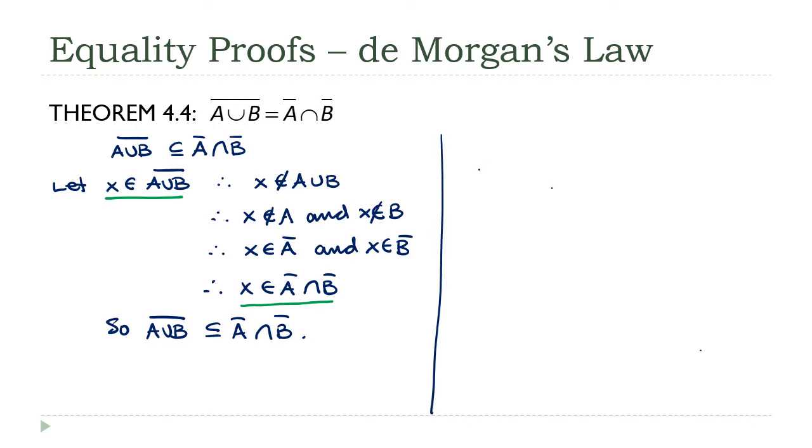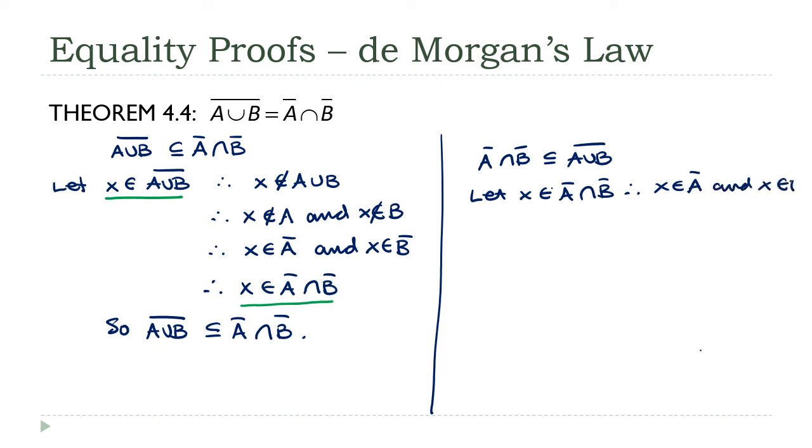Now I have to show A complement intersection B complement is a subset of the complement of the union. Very similar approach. Let X be an element of A complement intersection B complement. Therefore, X is an element of A complement and X is an element of B complement.